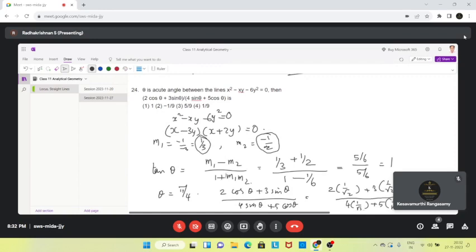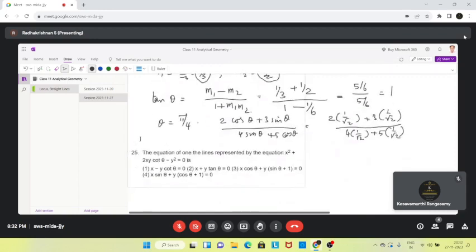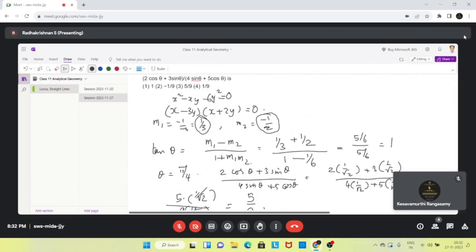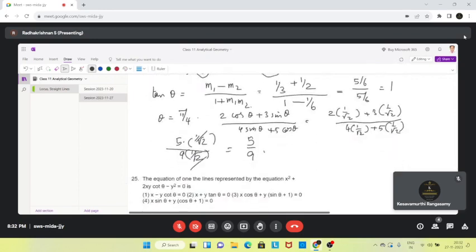So you see that 1 by root 2 is a common factor in the numerator and denominator. That means it is 5 into 1 by root 2 divided by 9 into 1 by root 2. So this gets cancelled and what you get is simply 5 by 9. Option 3.